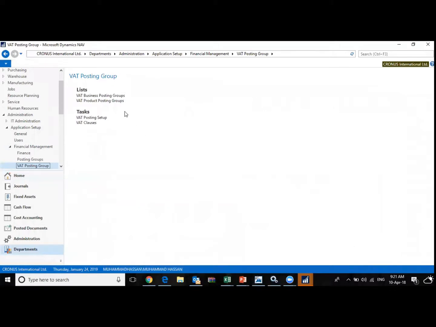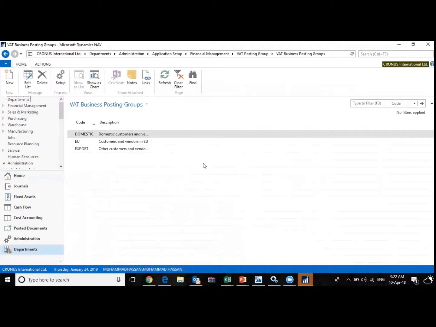VAT posting group. Okay, so as you see here, there are two posting groups, VAT business posting group and VAT product posting group. Okay, so the VAT business posting group, you can say that it is correlated with your general business posting group.